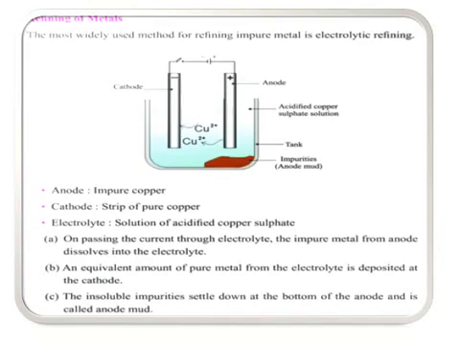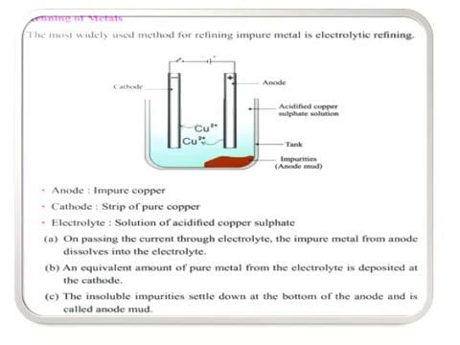So the electrolytic refining is explained in this slide. Many metals like copper, zinc, nickel, silver, gold are refined by this process called electrolytic refining.